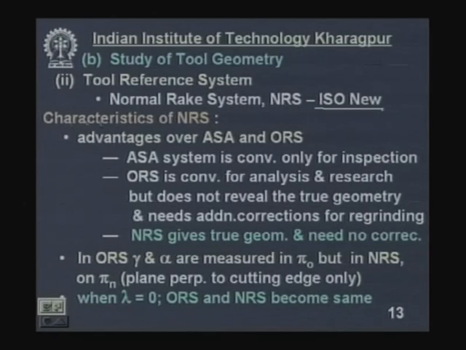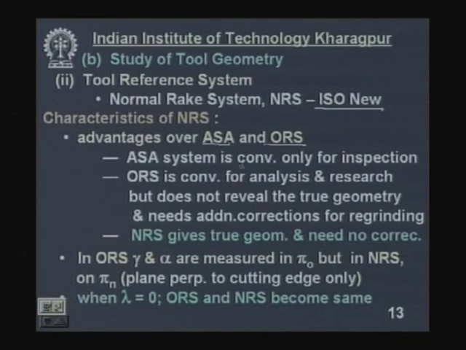Now, what are the characteristics of the normal rake system over the ASA system and the orthogonal rake system? Let us have a look. The ASA system is convenient only for inspection. Now, there are various applications of the system: inspection of the cutting tool, manufacture of the cutting tool, analysis of the tool geometry, research, and the regrinding, resharpening and all this.